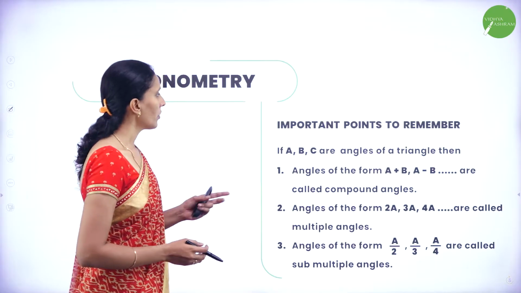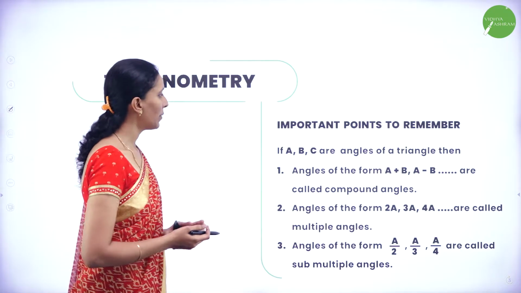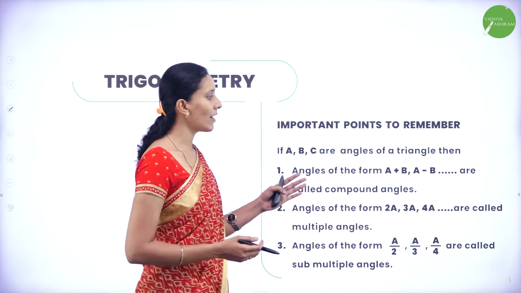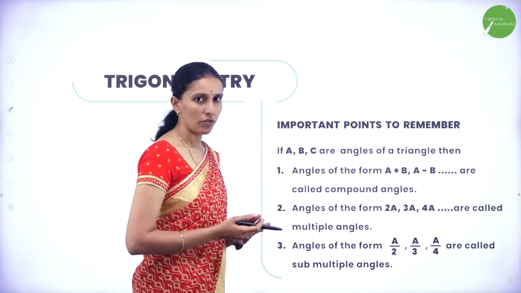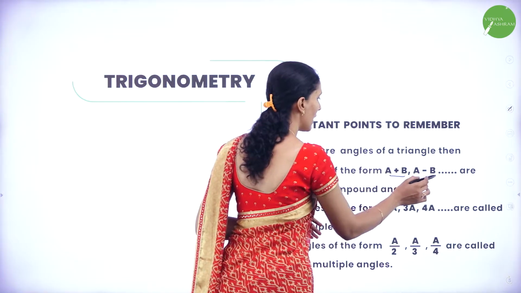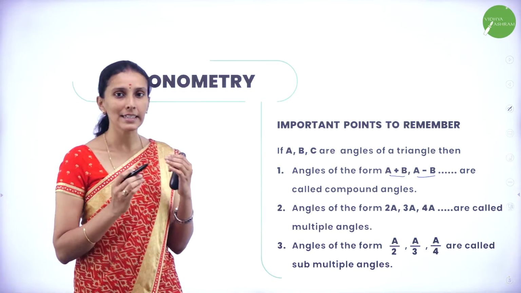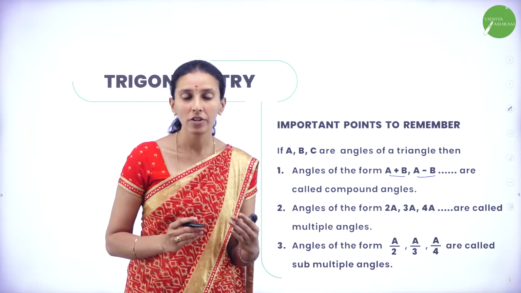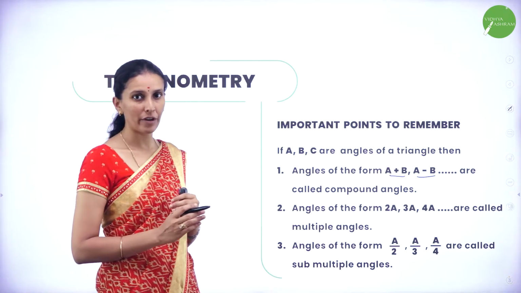So look here, important points to remember. What are the points here? If A, B, C are angles of a triangle, then angles of the form a plus b, a minus b are called compound angles. That is the sum or difference of any two angles in the form of any trigonometric function.